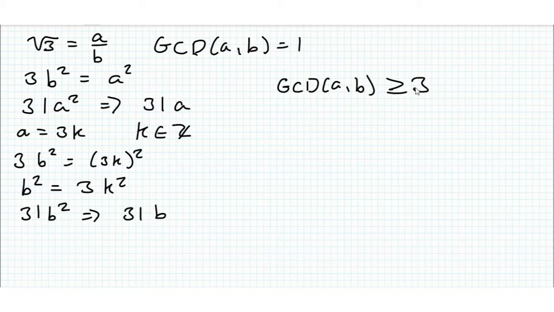So the greatest common divisor is even that, or a number bigger than that, and that is greater than 1, which was our initial assumption. So this contradicts our initial assumption. We've basically shown that by assuming root 3 is rational, it doesn't work, it doesn't make sense, right?